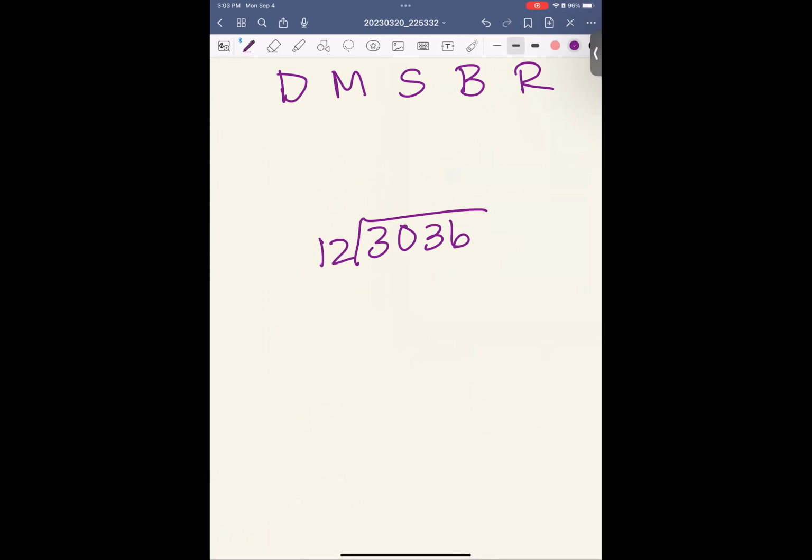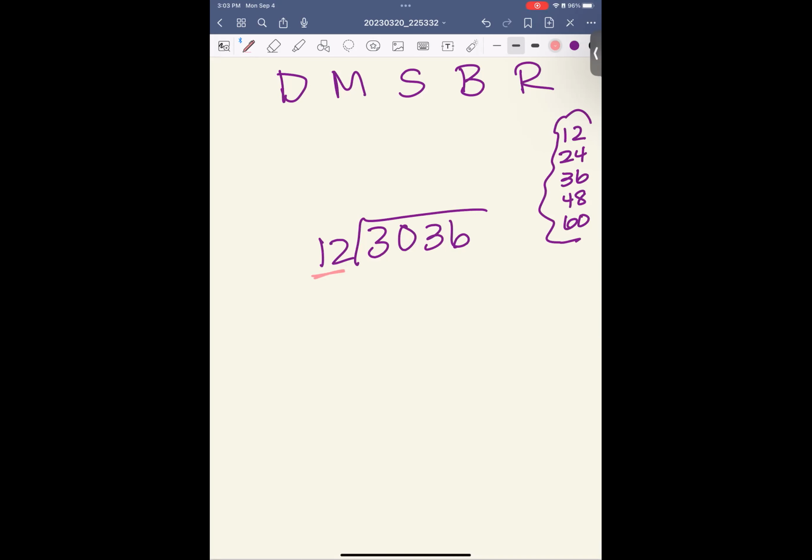Again, if it is helpful to you, on the side, I can do 12, 24, 36, 48, 60. I can do my skip counts to give myself a little bit of my times tables if I don't know my 12s. A lot of times that's where we get stuck. So taking the time to write out my skip counting can really be helpful when we get stuck on the facts. All right, let's dive in.